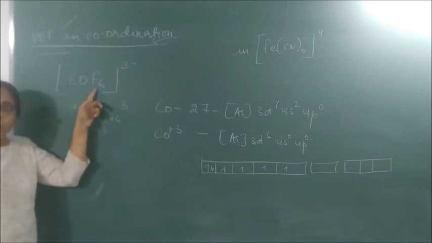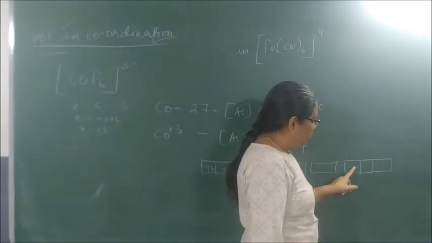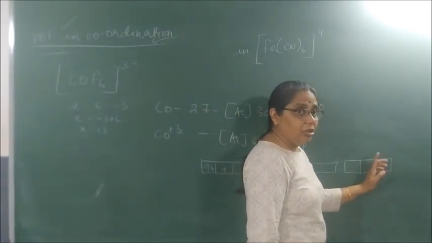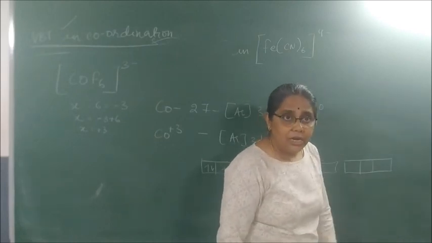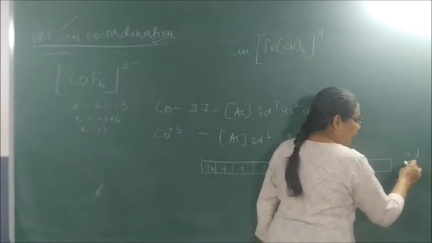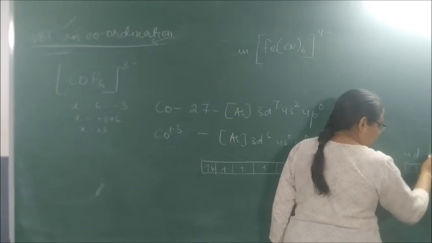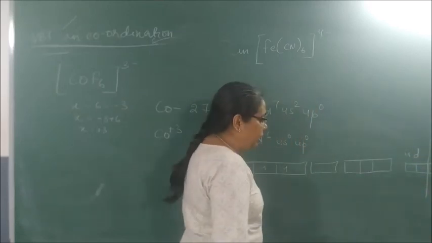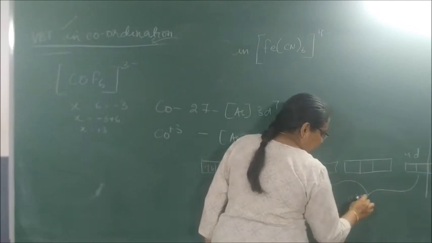Now it requires how many orbitals? 6 orbitals. But I have empty how many orbitals? 1, 2, 3, 4. So it goes to the next higher d orbital, the 4d orbital, and takes only 2 of them. Hence it forms sp3d2 hybridization.